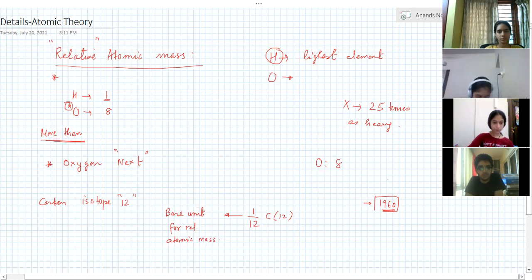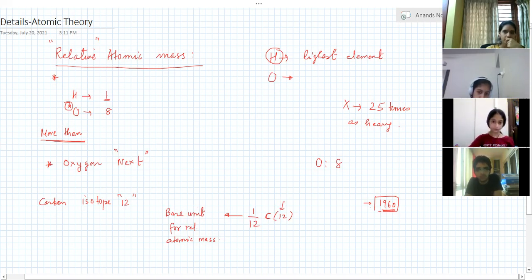Whenever you say relative atomic mass, we compare with 1/12 of a carbon atom. Carbon comes in various isotopes, so we have to be specific: carbon isotope 12.